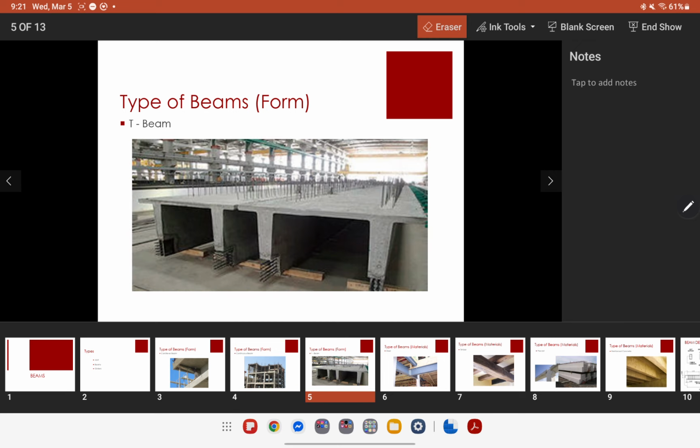Next one would be the T-beam. So this is still based on form. These are the types of beam based on form. So from the name itself, T, it actually has a form. It forms a letter T. So in the picture given in here, it's a combination of two T-beams. So this is T-beam number 1 and T-beam number 2.